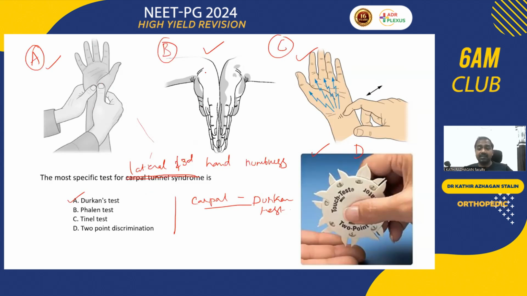A is Durkheim test. B is Fallon's. B is Phalen. C is Tinel. D is 2-point discrimination. Okay. So as in the option I have given you. What is B plus C? What you are trying to say?